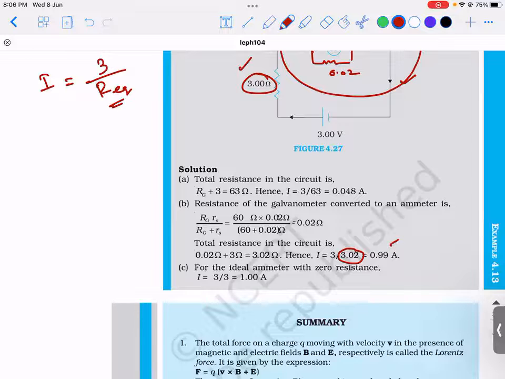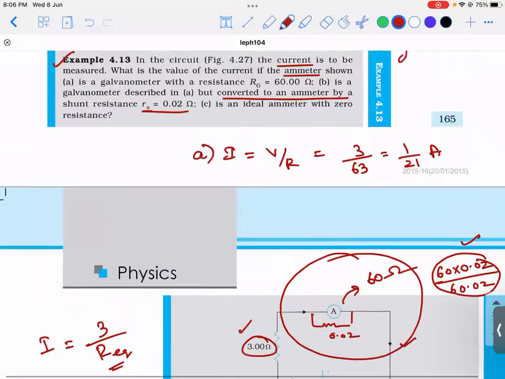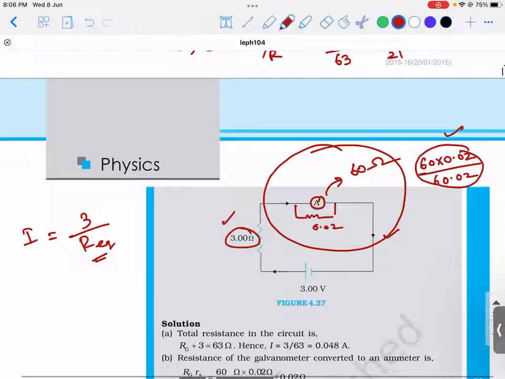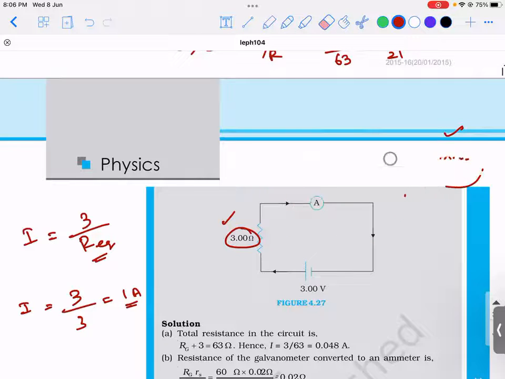Are you able to understand? So in the third case, what are they asking? Had this ammeter been an ideal ammeter with zero resistance, if they mention ideal ammeter, by default it is with zero resistance, then what would be the value of current measured in this device? I will be equal to V by R. So that should have been 1 ampere. In the third case, they are saying this ammeter is an ideal ammeter.